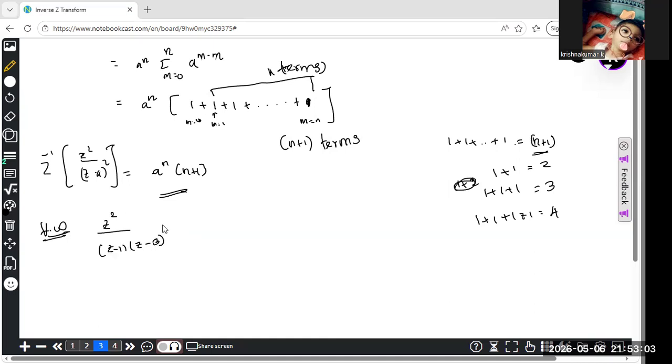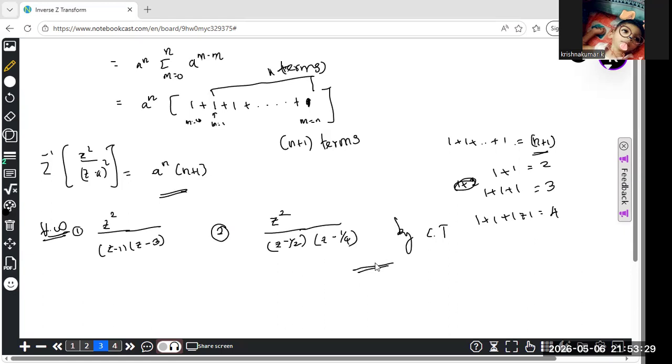This is the first one. The second one is, find the inverse Z transform of Z square divided by Z minus 1 by 2 into Z minus 1 by 4. By using the convolution theorem, that is important.